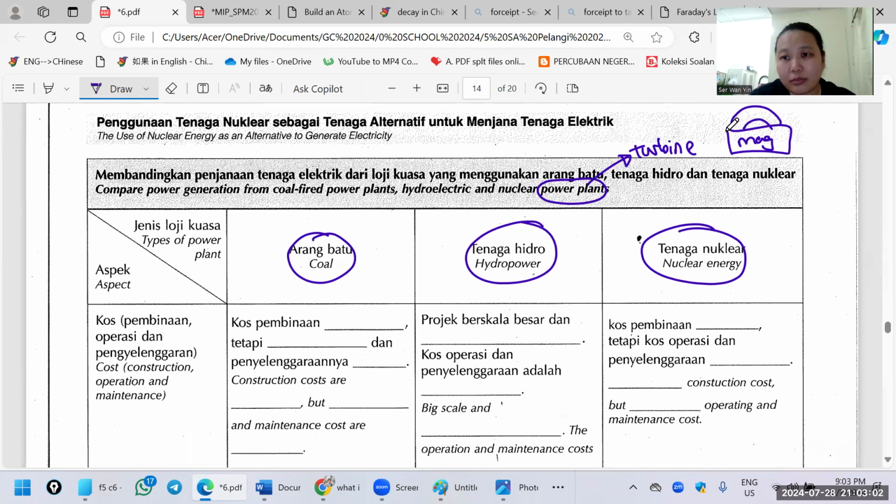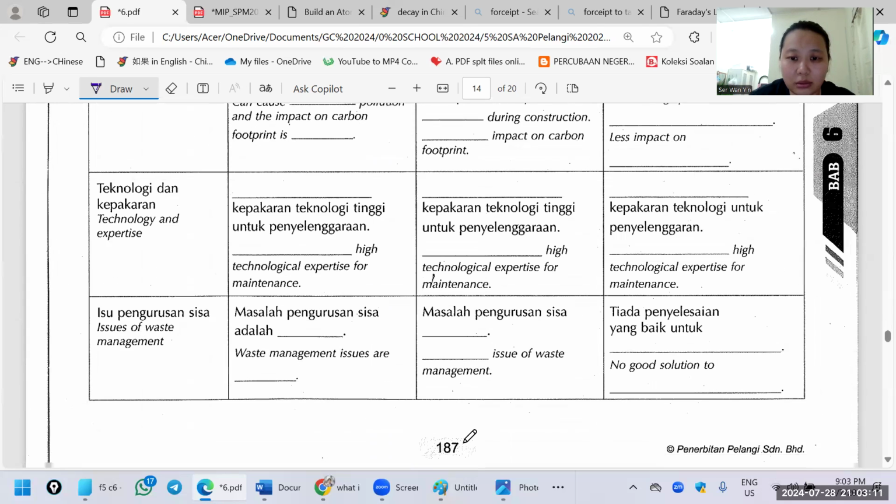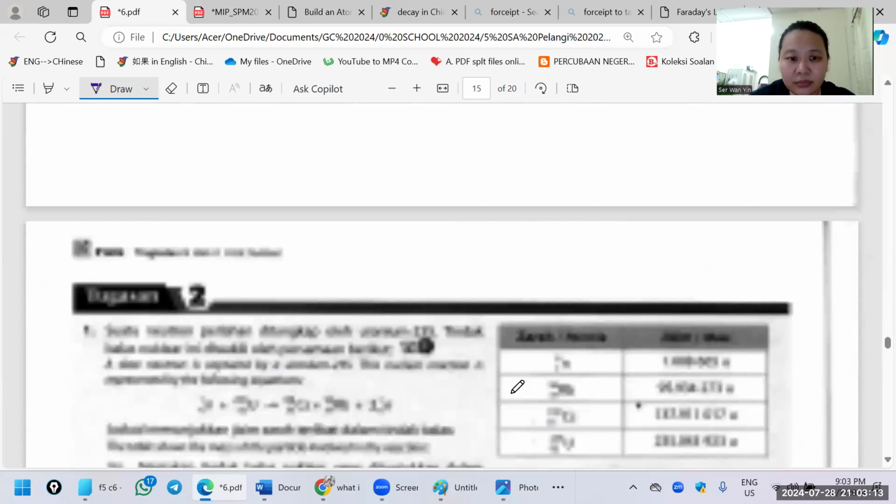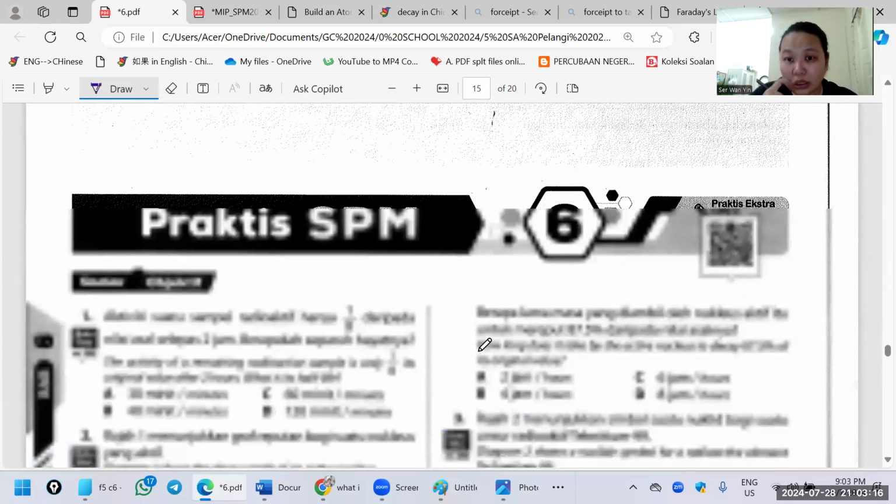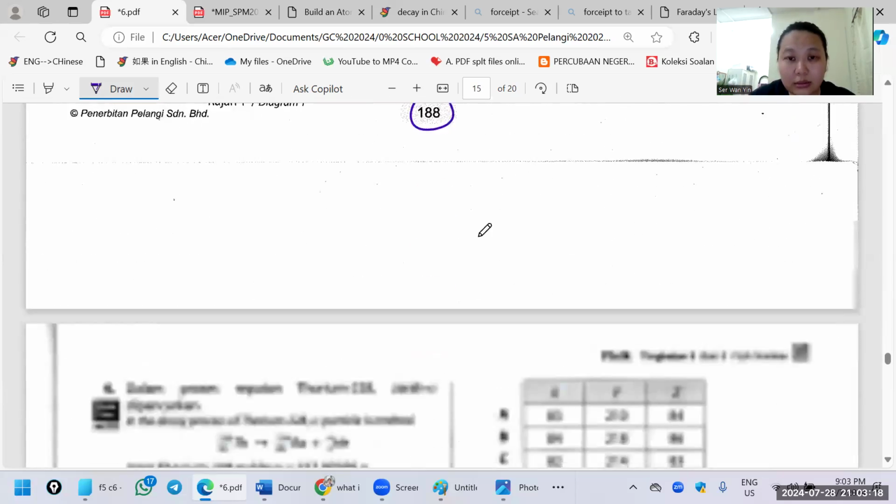The magnet has a magnetic field, keeps cutting the coil, then generates electricity. So this one is your homework. Okay, this one your homework.